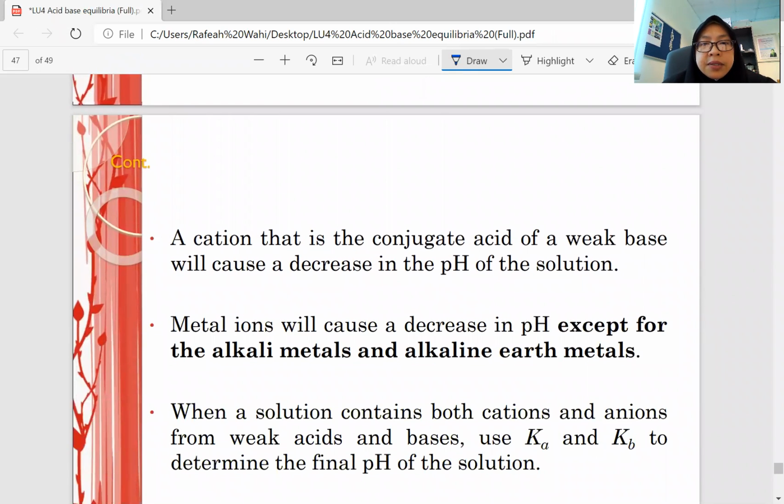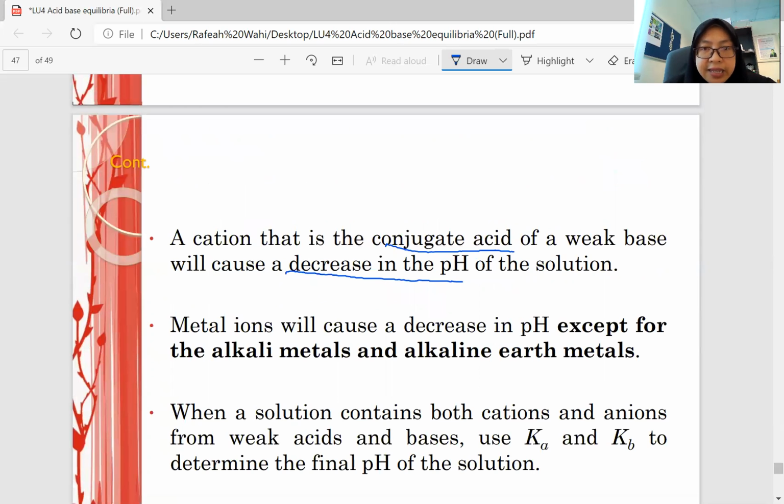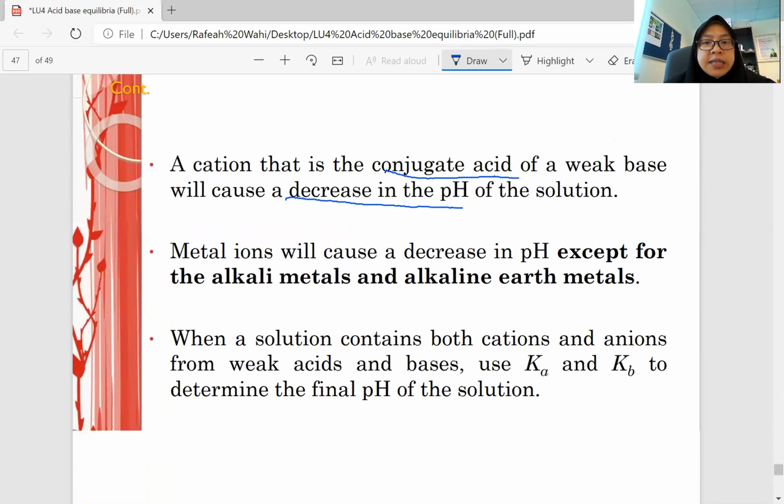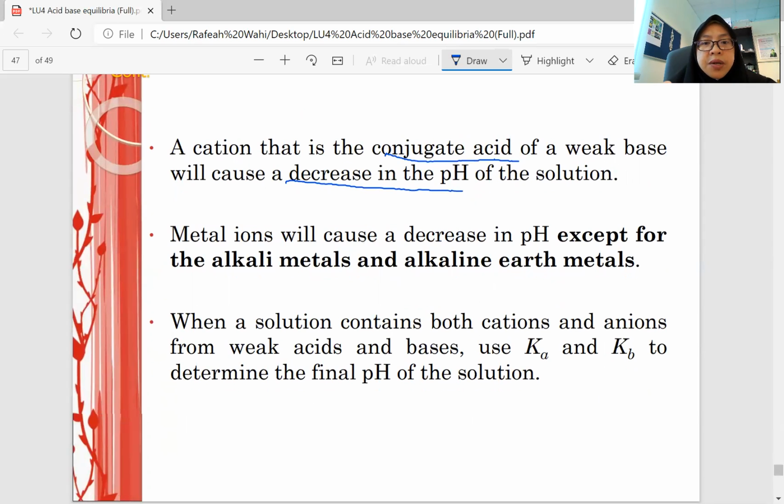The cation that is the conjugate acid of a weak base will cause a decrease in pH, because it is a conjugate acid. Metal ions will also cause a decrease in pH, except for the alkali metals and alkaline earth metals.